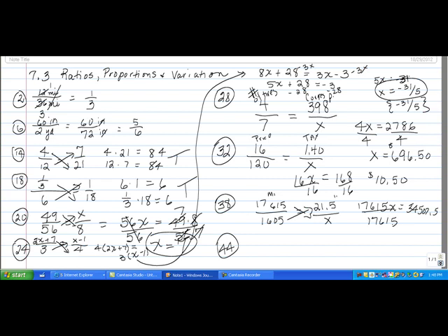So I want to divide by the 17,615, and I get 1.95, 1.958. And they round this to the nearest inch. They don't tell us, but that's what they actually do. They round it to 2 inches.